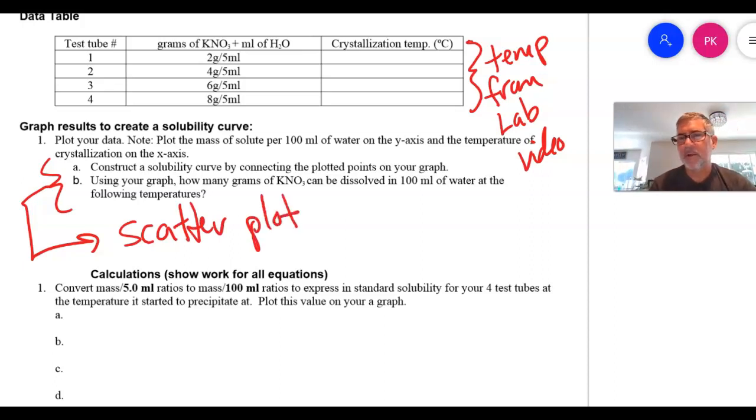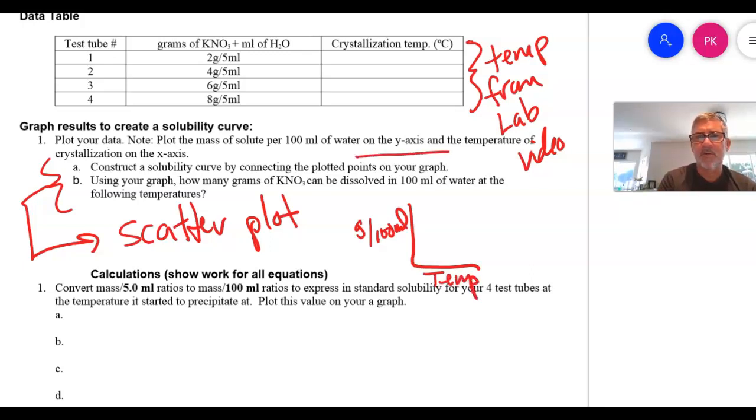You should know how to make a scatter plot from your last. And on the y-axis, we get grams per 100 milliliters, and here you get temp, because that's what I tell you to do.